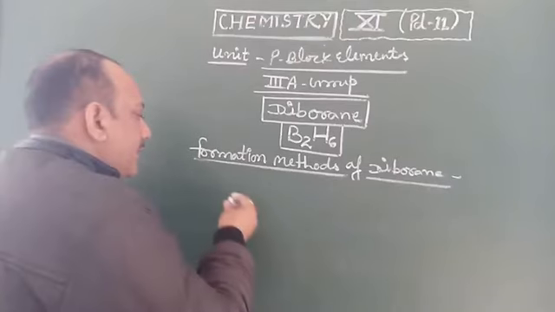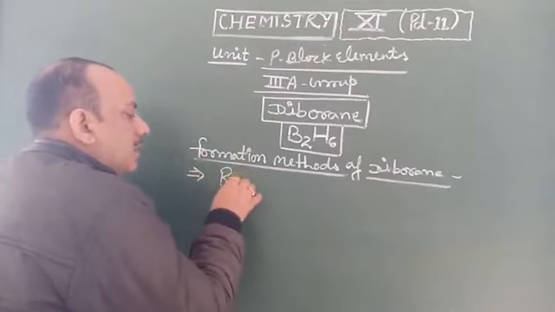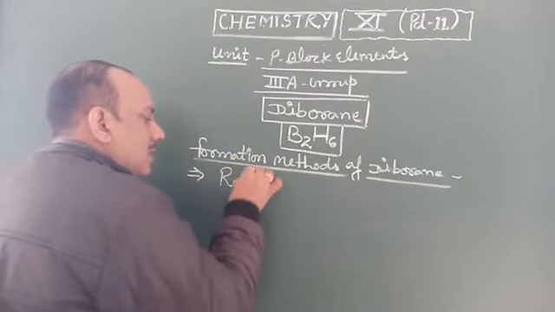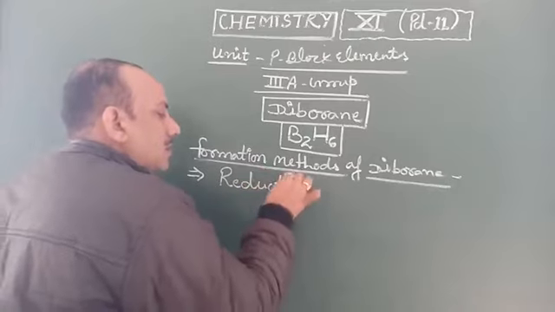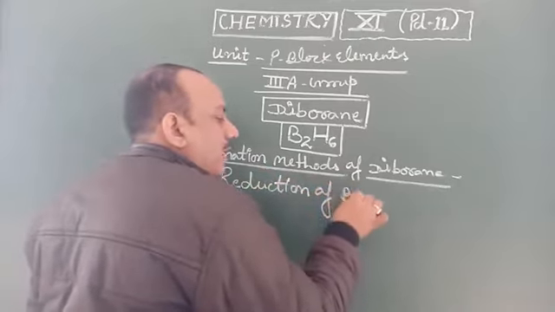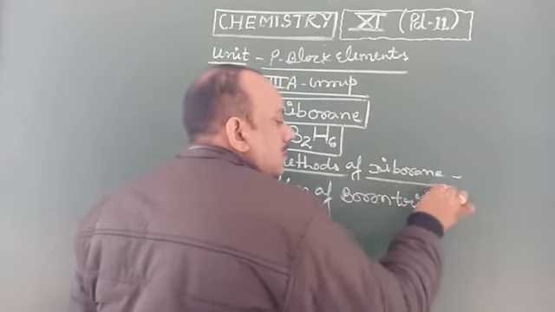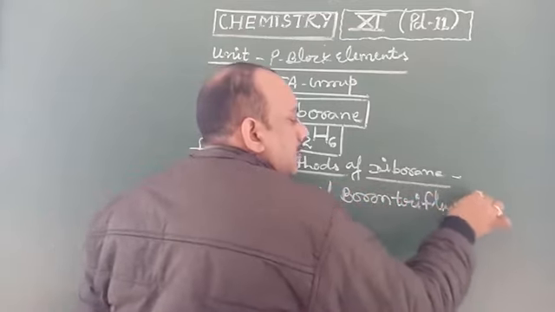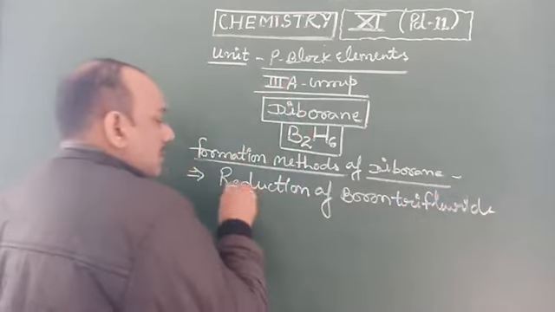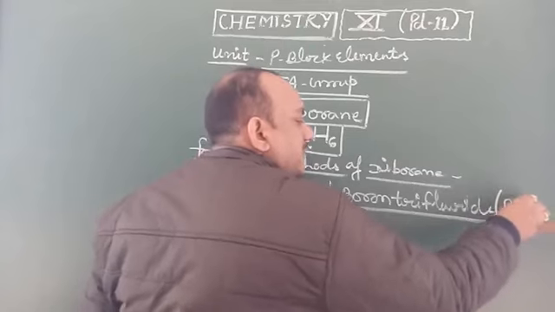Now the next method is reduction of boron trifluoride. Its formula is BF3.